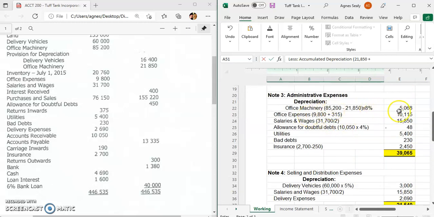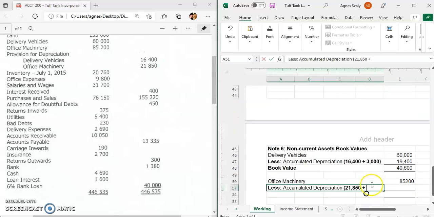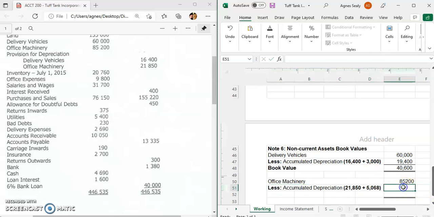Depreciation on office machinery is $5,068 for the current year, so we're going to add that on. And that gives us total depreciation of $26,918, right?